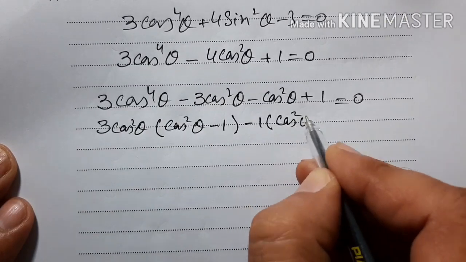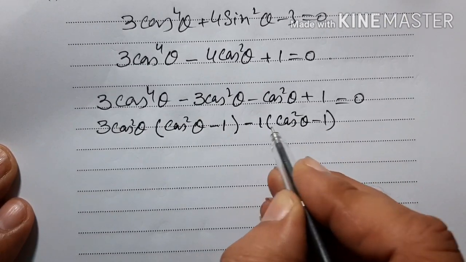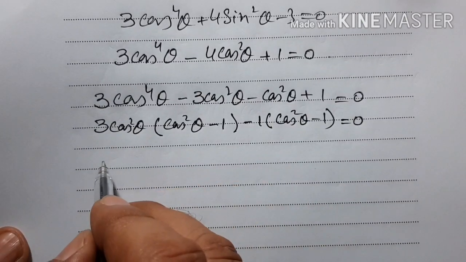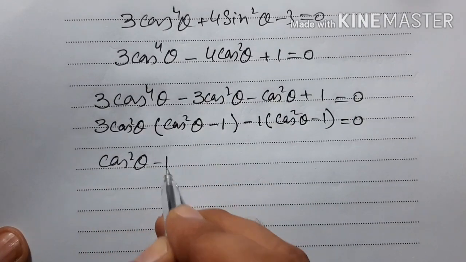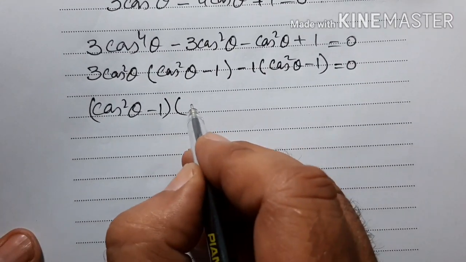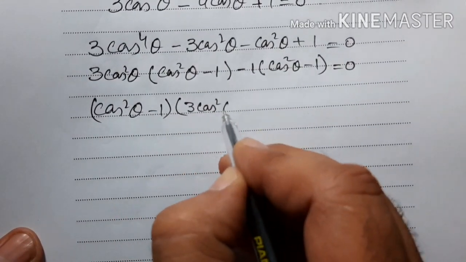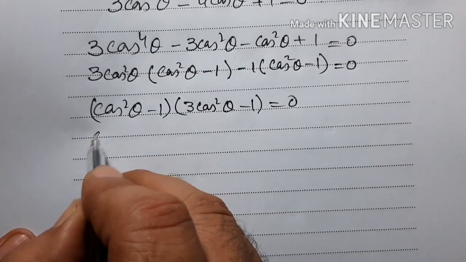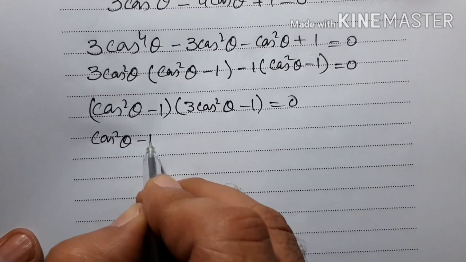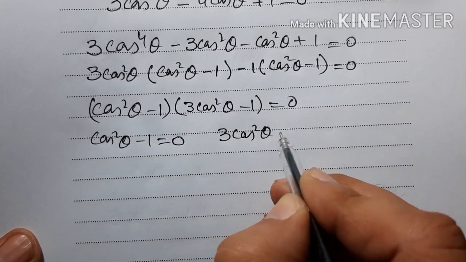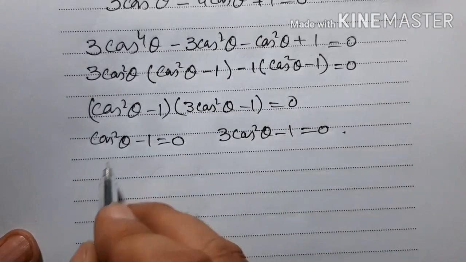So cos square theta minus 1, because there is minus outside the bracket, so the sign will change. So again I can take cos square theta minus 1 common. This will be 3 cos square theta minus 1 is equal to 0. So cos square theta minus 1 is equal to 0, 3 cos square theta minus 1 is equal to 0.